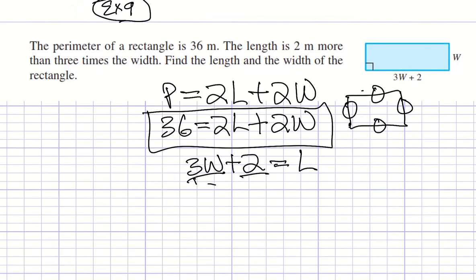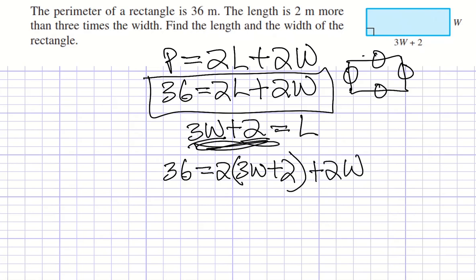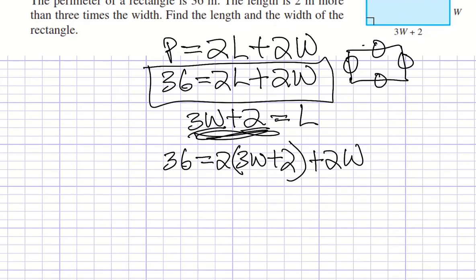So you can replace the length with that. You get 36 equals 2 times (3W plus 2), I'm replacing the length, plus 2W. It becomes a linear equation in one variable, you see that, right?